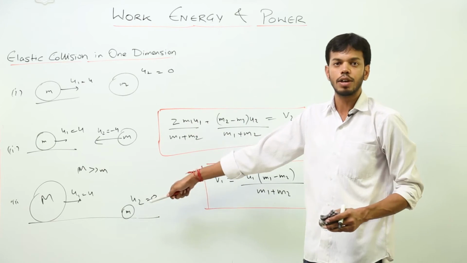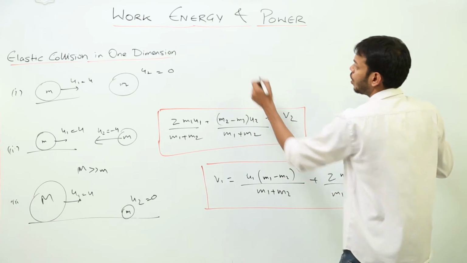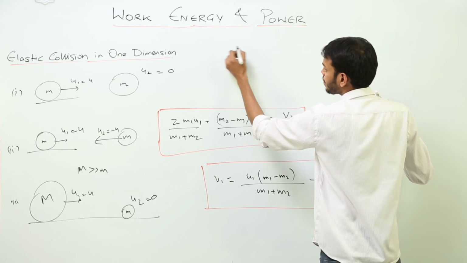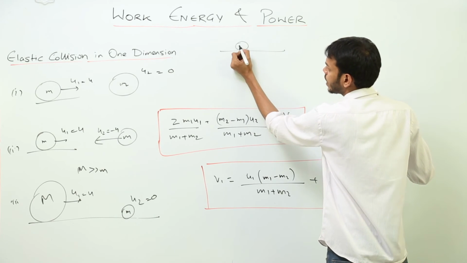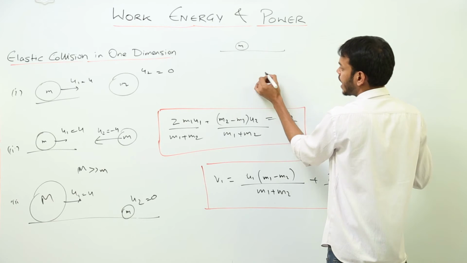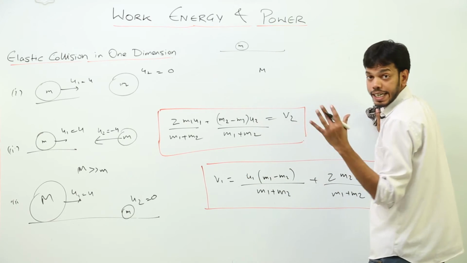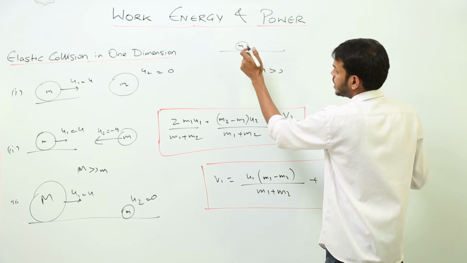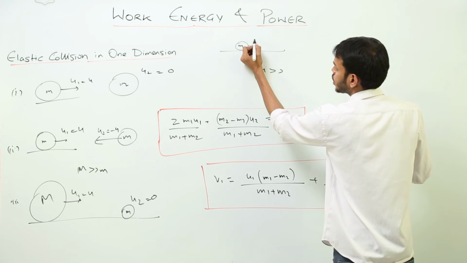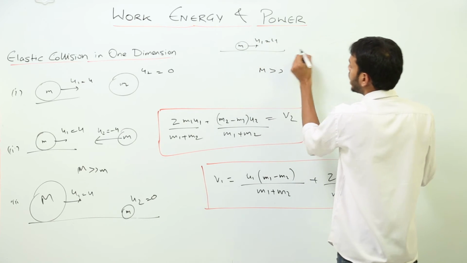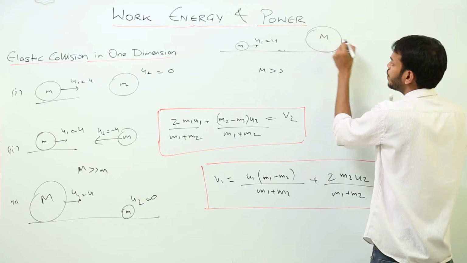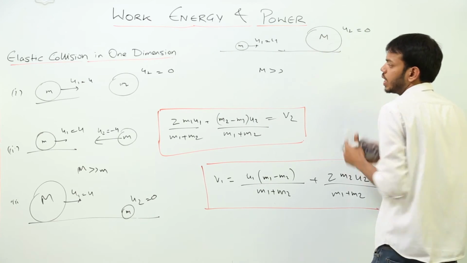This is the third case I could think of. Lastly, I can think of another case where I have this smaller body of mass m. This time again the capital mass is greater than the smaller mass. This body of mass m is moving with initial velocity u, going towards a bigger mass which is initially at rest.